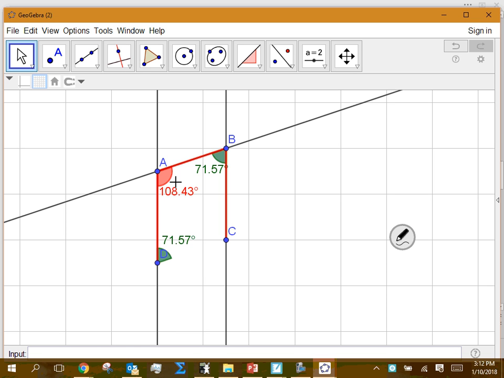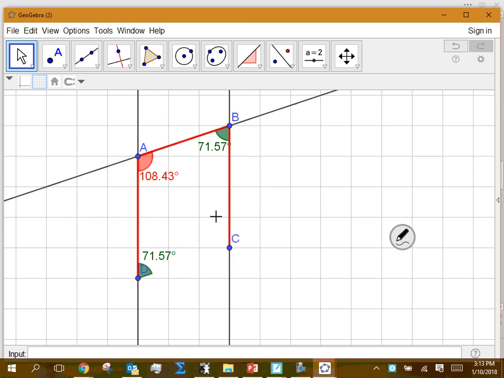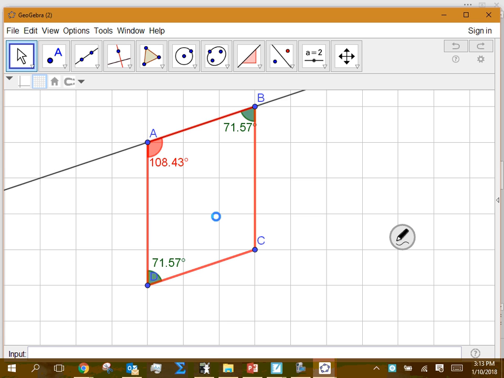And we knew that if we have same side interior angles and they add up to 180, what does that tell you about these two lines? They should be parallel, right? So that idea right there, those two angles being supplementary, forced the vertical lines here to be parallel. But that doesn't guarantee enough to make sure that this thing is a parallelogram.